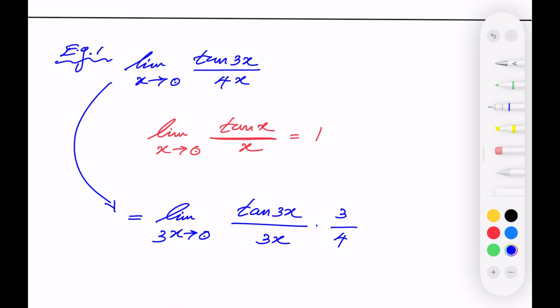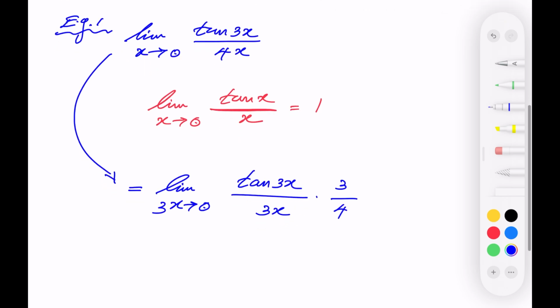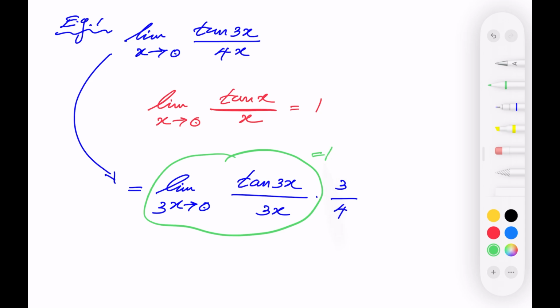Now, I have completed the requirements for direct application of the theorem. Right here, and right here, I have the exact same figure, and that figure approaches 0. Therefore, this part should be equal to 1. Therefore, our answer is equal to 1 times 3/4, which is equal to 3/4.